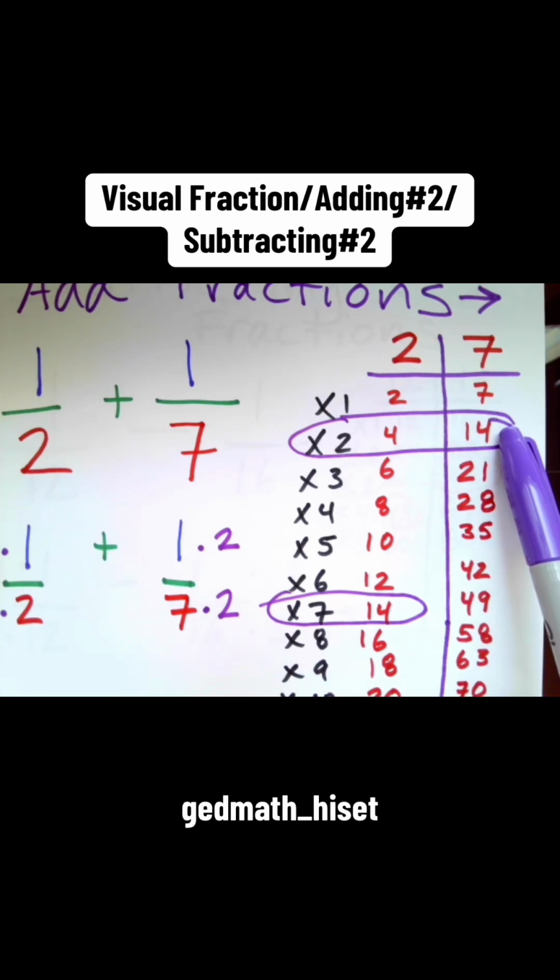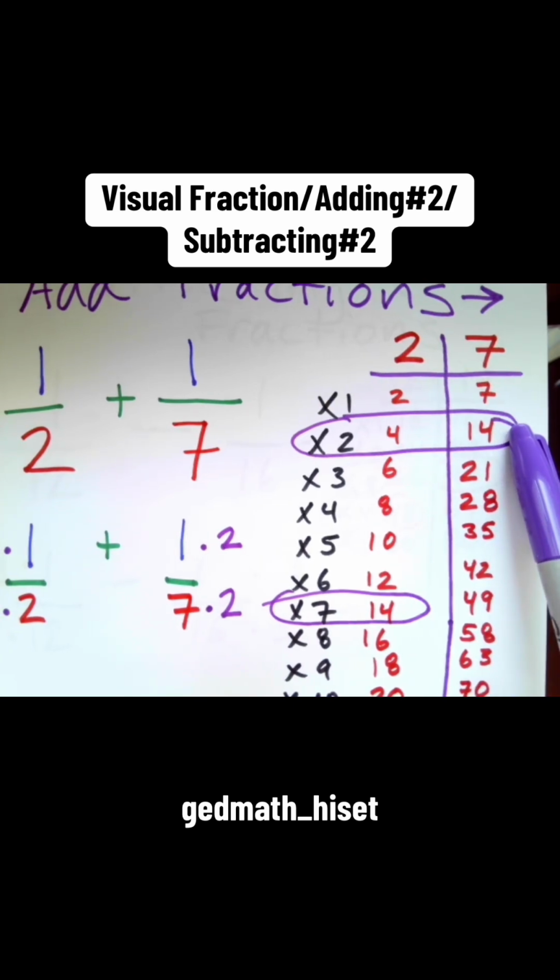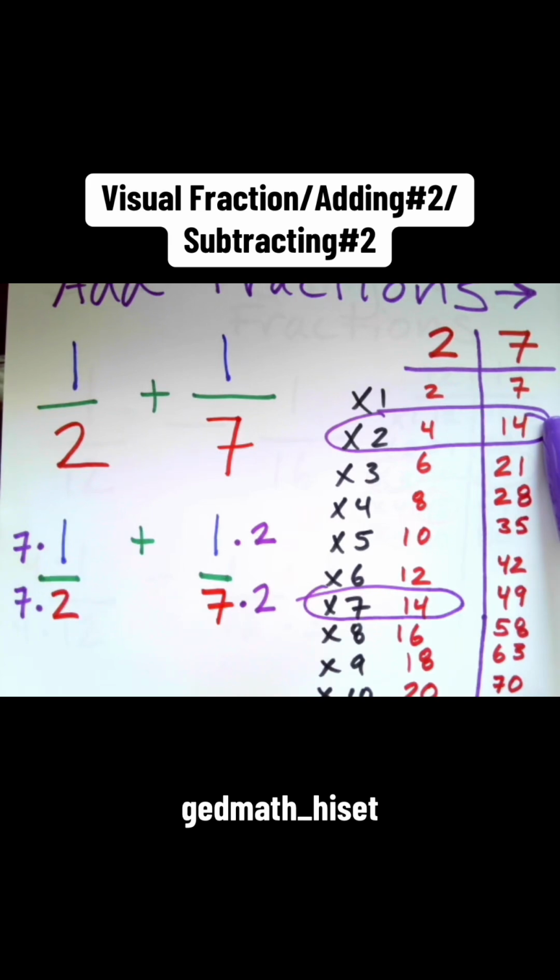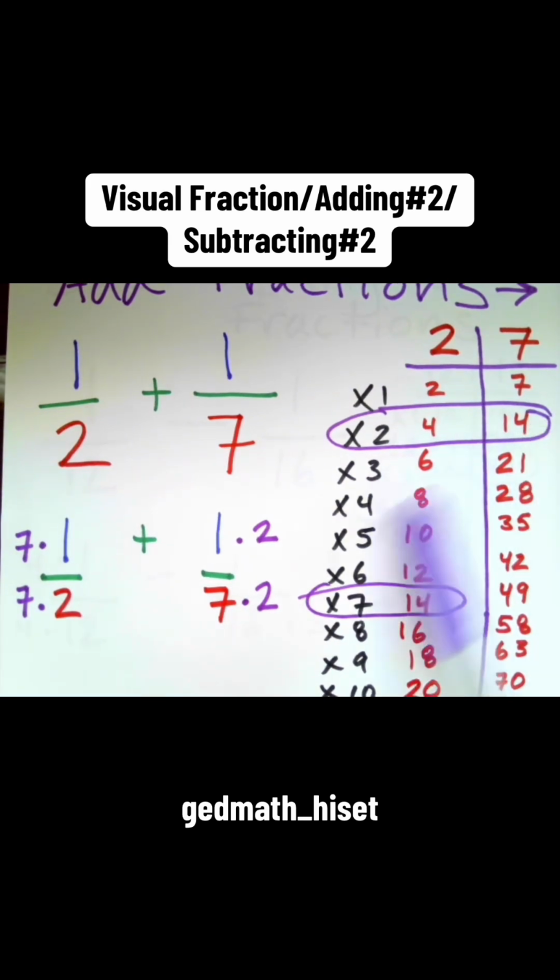So in order to create a common denominator of 14, I'm going to multiply 7 times 2. What I do to the bottom, I have to do to the top. And then to create a common denominator, 2 times 7 is 14. What I do to the bottom, I have to do to the top.